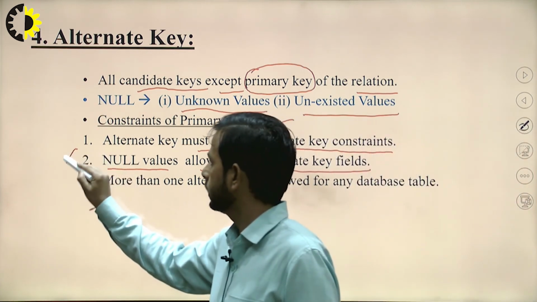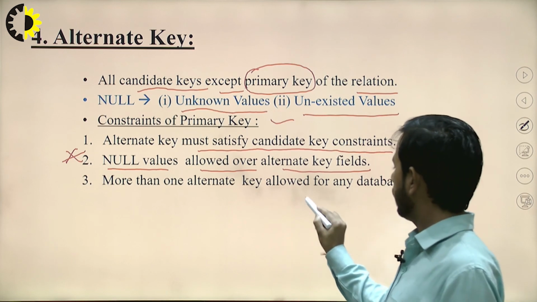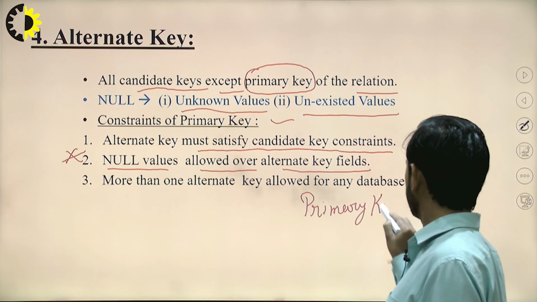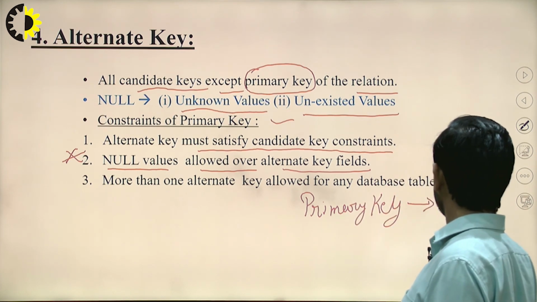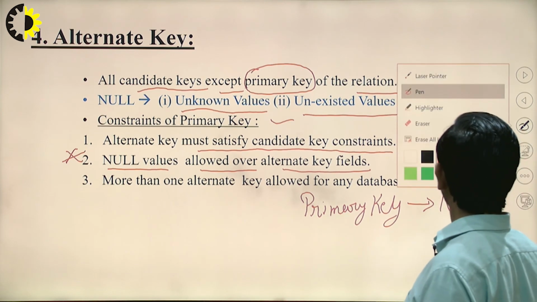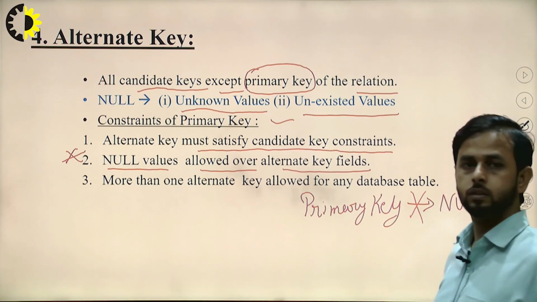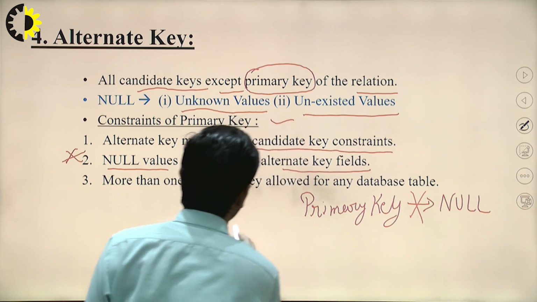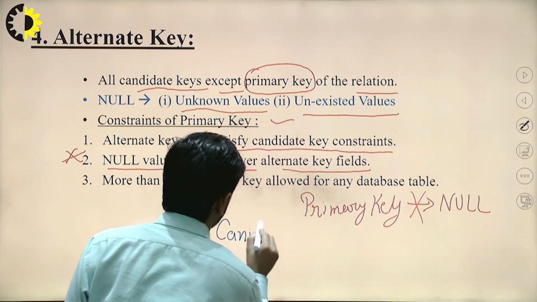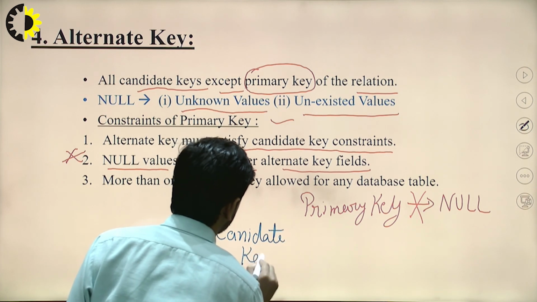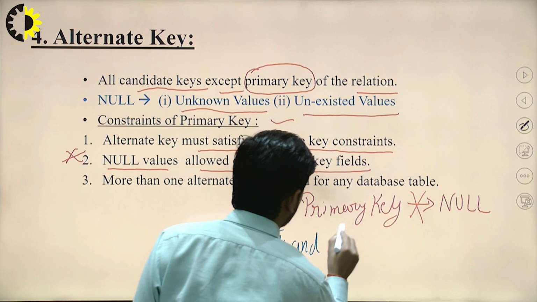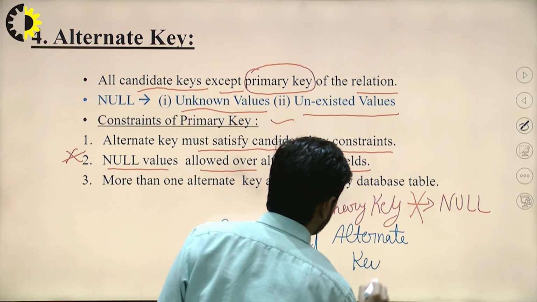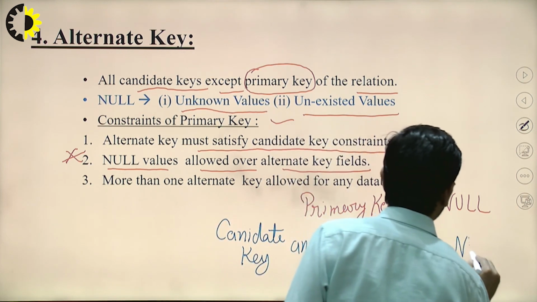This is very important: over the primary key null is not allowed, but over the candidate key and alternate key null values are allowed.